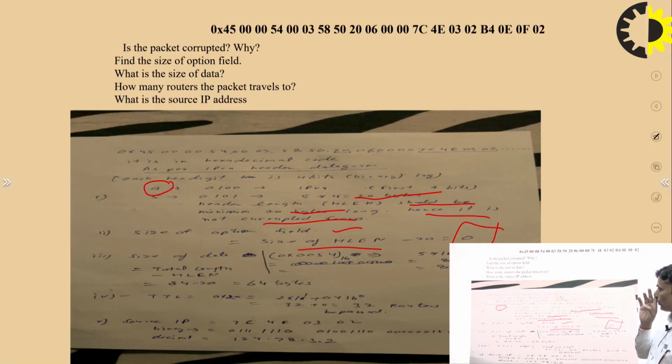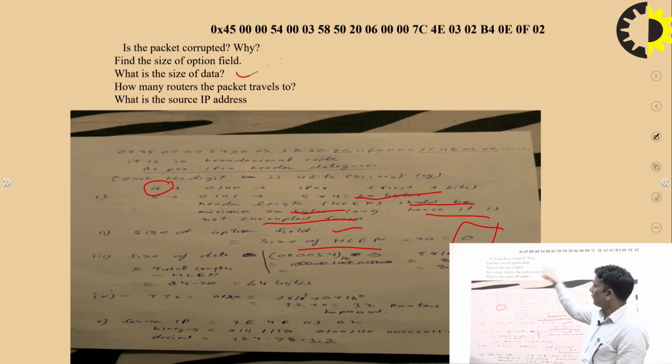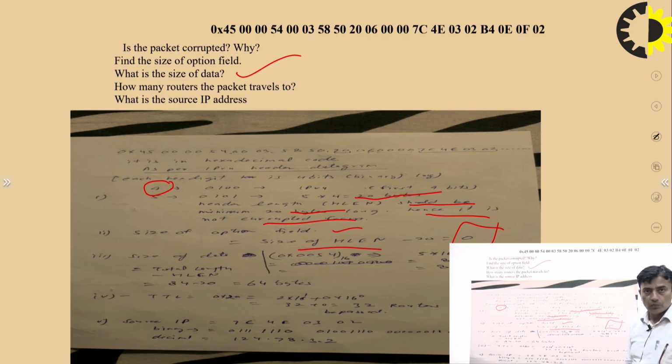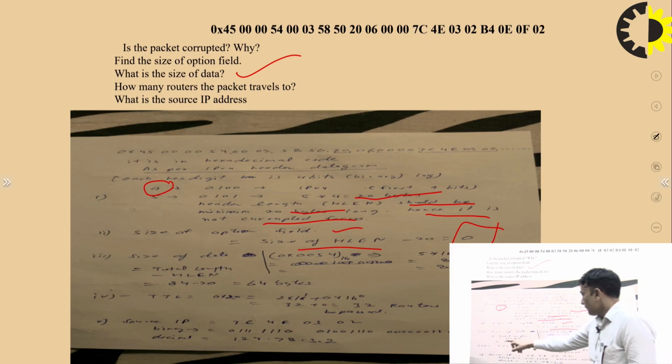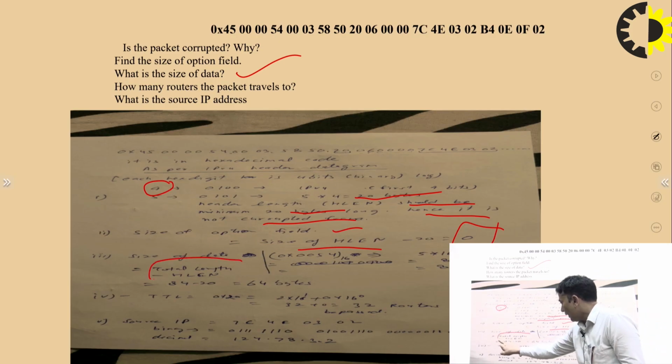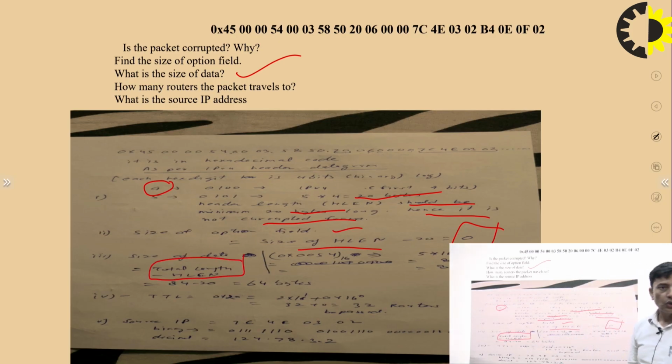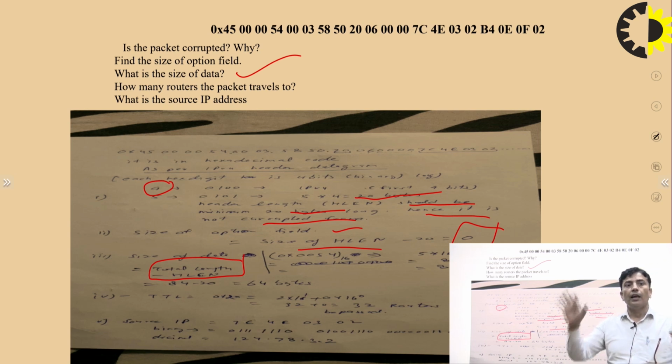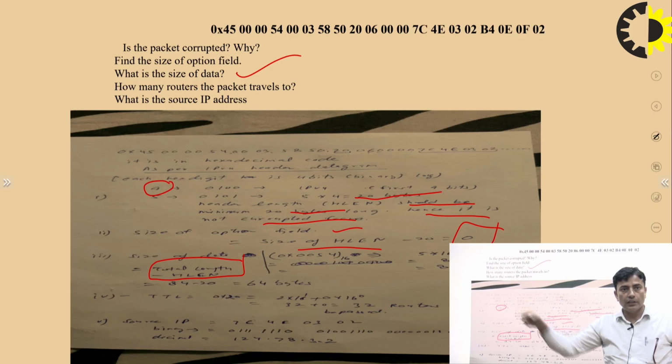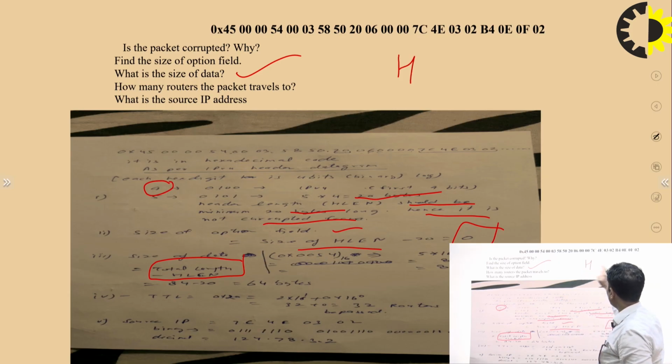This is the second question: what is the size of data? Very important. How can you decide the size of data? The size of data is total length minus header length. Total length is the header length plus payload.